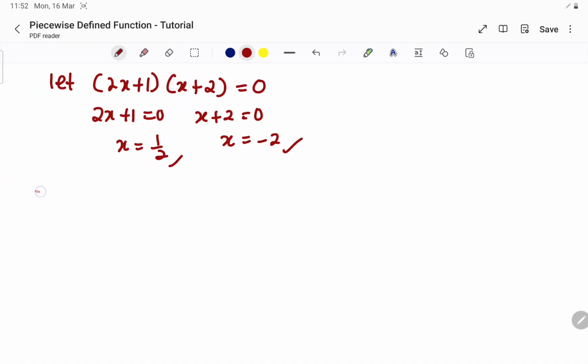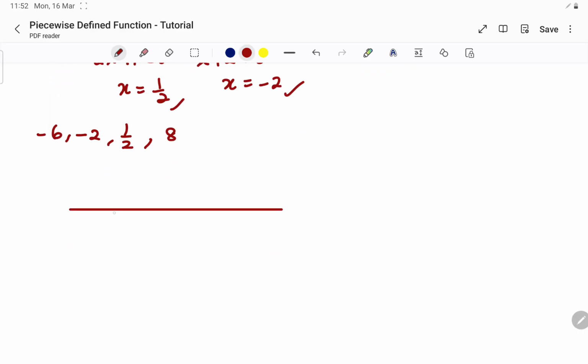You list down, you have negative 6, negative 2, 1 over 2, and also 8. So you draw a number line to make it easier for you. So you have negative 6, negative 2, 1 over 2, and then 8. So the ones that we will put inside the piecewise function are this region, this region, and this region.